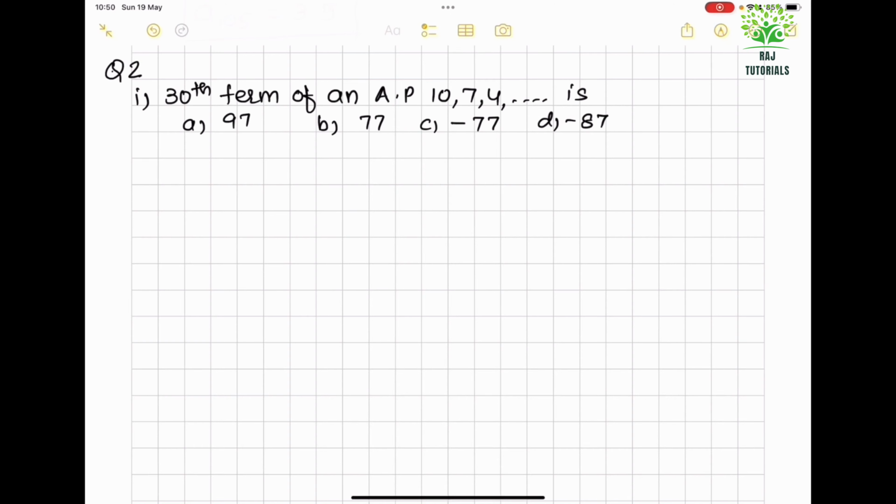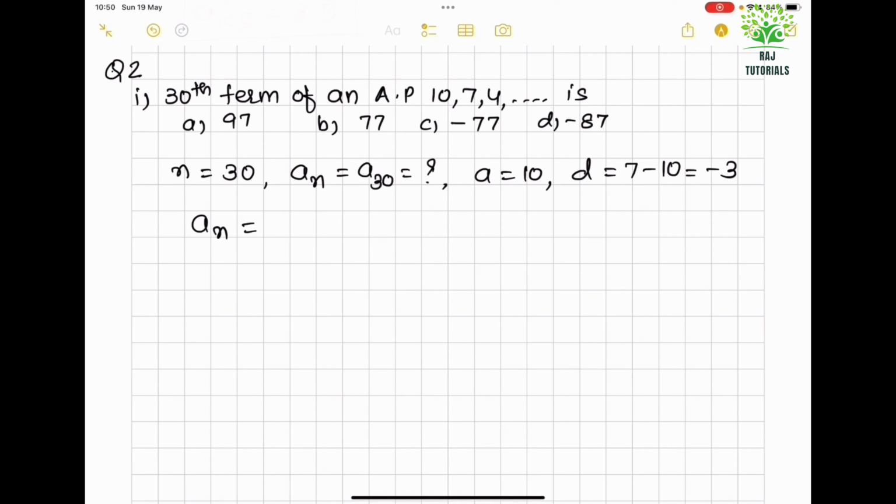So how can I do this? See, first I am given the 30th term. So N is 30. AN will be A30, that I have to find. Then A is 10, D is 7 minus 10, so minus 3. Now using the formula AN equal to A plus N minus 1 D. So A30 equal to A, so 10 plus 30 minus 1 into D. D is minus 3.